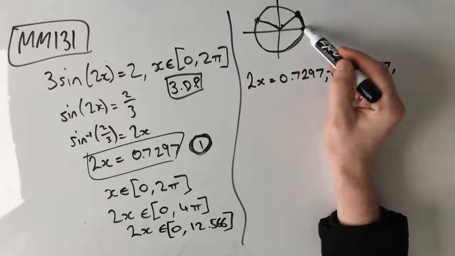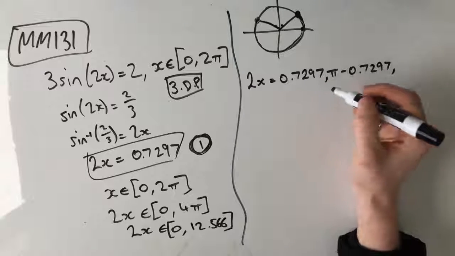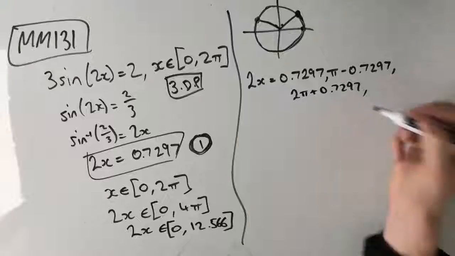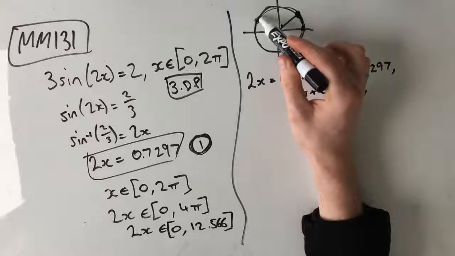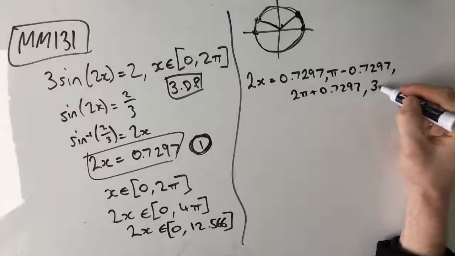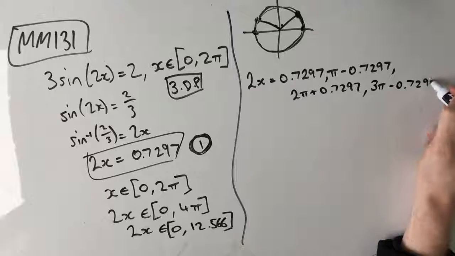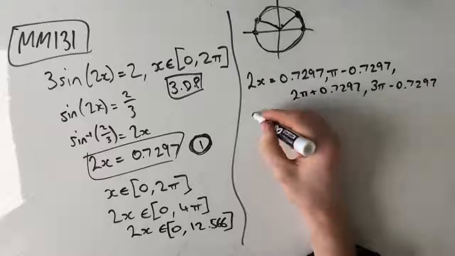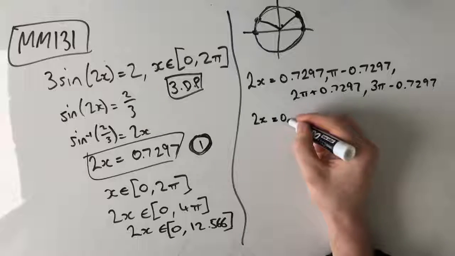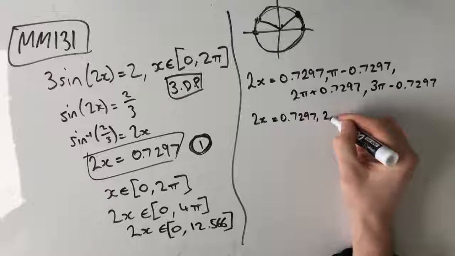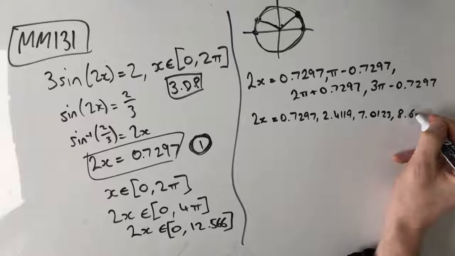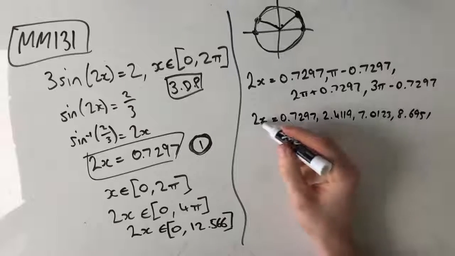We're at 2 pi now, so we're going to do 2 pi plus 0.7297, and also 3 pi, this bit here, 3 pi minus 0.7297. Fantastic. And from here we get 2x equals 0.7297, 2.4119, 7.0123, and 8.6951. So these are our 4 answers for 2x.